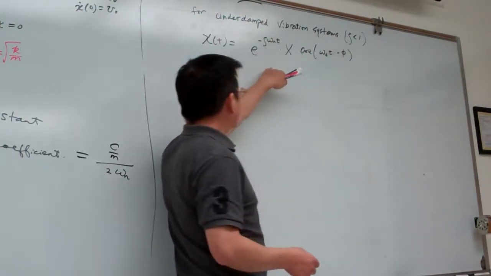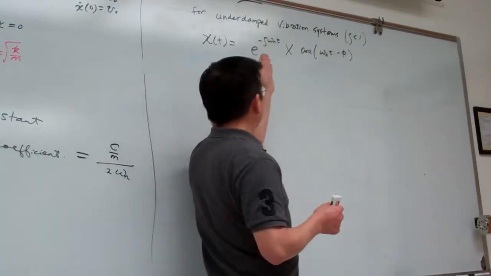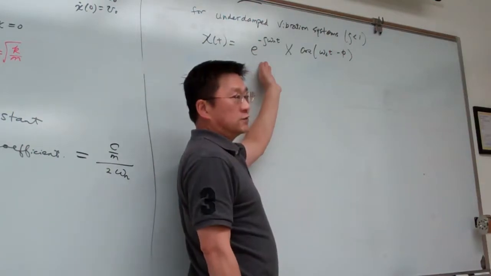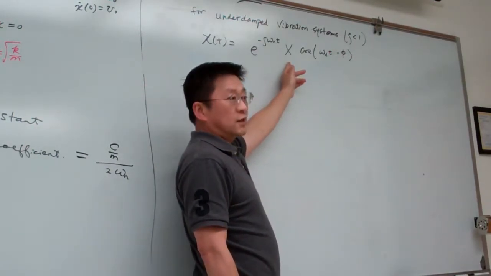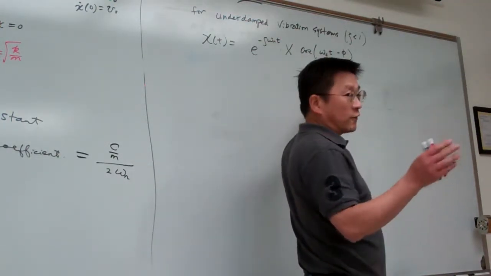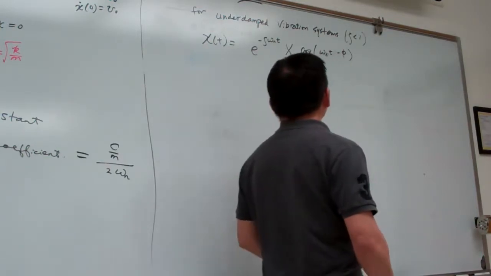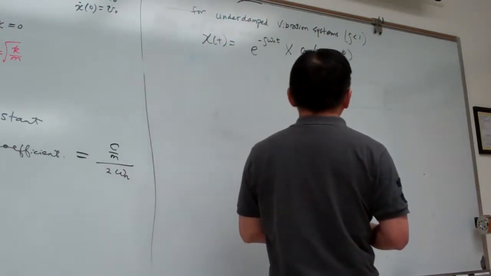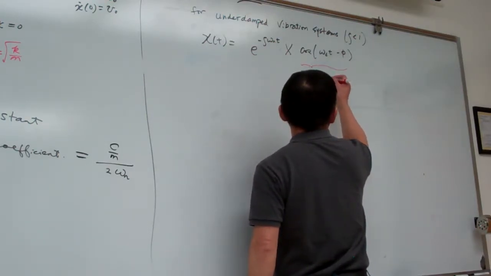Basically, in these solutions, there's a multiplication of three terms: an exponential function, a constant X representing the amplitude, and the sinusoidal function, cosine or sine, either way. So this term basically represents the oscillations.